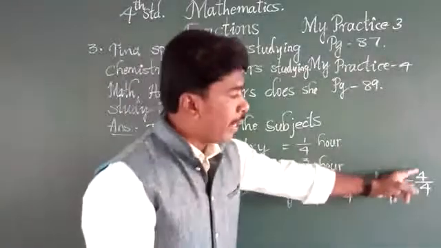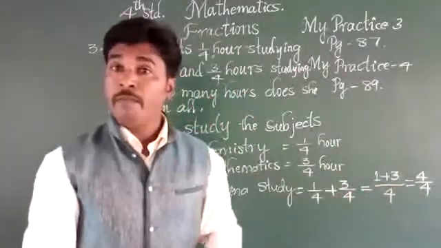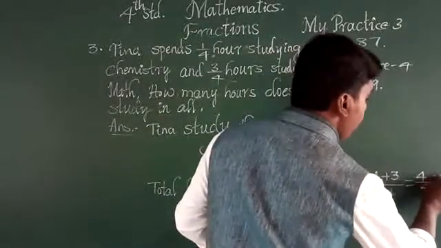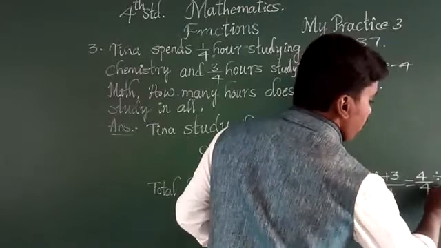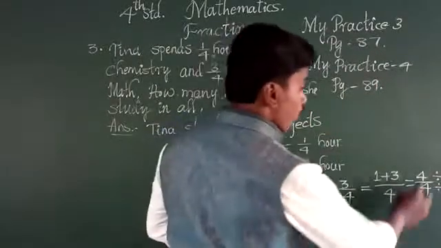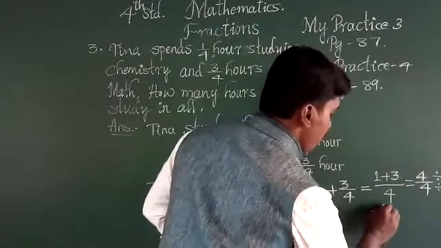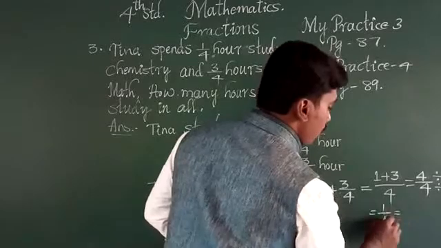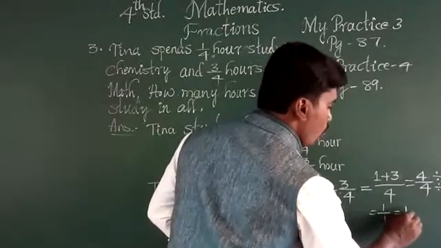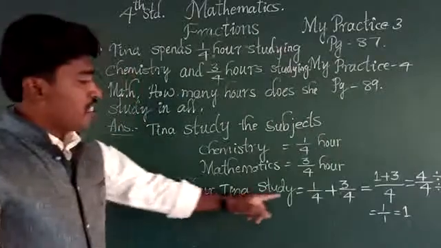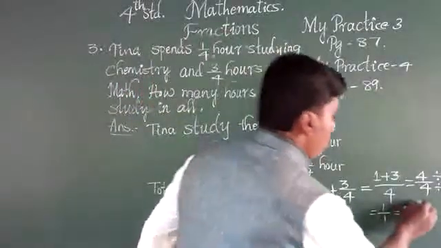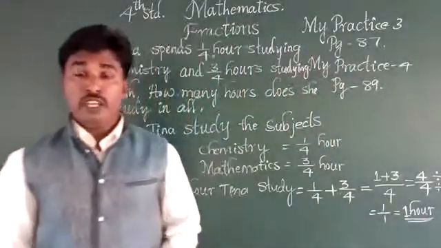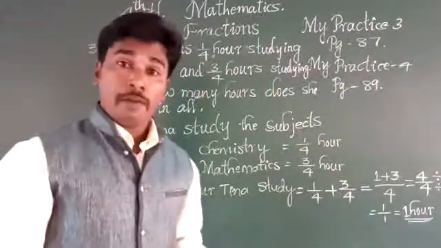If numerator and denominator are the same, they cancel, because 4 divided by 4 is 1 and again 4 divided by 4 is 1. So 1 divided by 1 is 1 only. How many hours did Tina study? That is 1 hour. Total number of hours Tina studies is 1 hour.